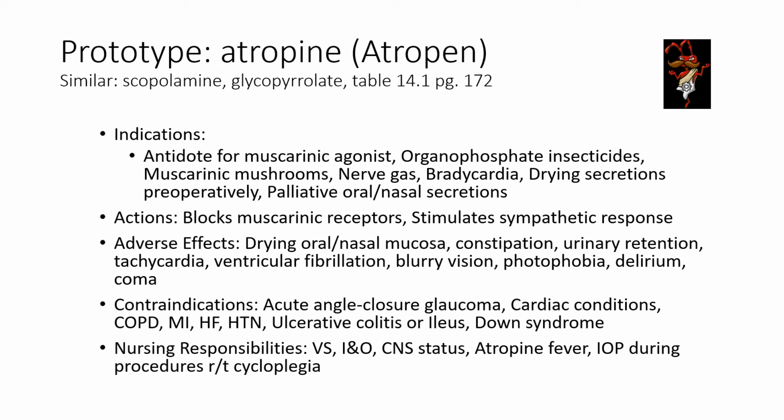Organophosphate insecticides. If someone came in heavily poisoned with organophosphate insecticides, we would definitely use atropine to block its effects. Muscarinic mushrooms are mushrooms that, if someone inadvertently picks them while hiking on a trail and eats them, some can be very cholinergic, producing large amounts of acetylcholine, and they can come in with a cholinergic crisis. And atropine would be used to treat them.